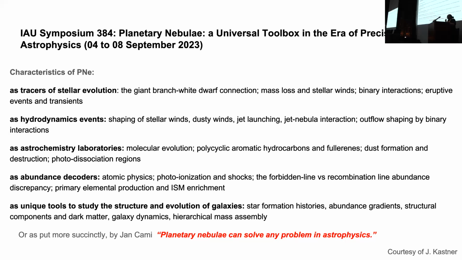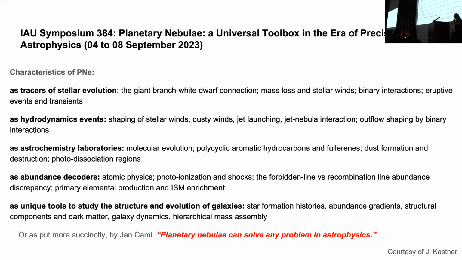During that meeting, we stressed a bit more the characteristics of planetary nebulae and why they matter a lot. Planetary nebulae trace stellar evolution. Basically, they are the connection between the giant and the white dwarf. With planetary nebulae, you're able to compute mass losses, stellar winds, binary interaction, etc. They are tracers of lots of hydrodynamic events.